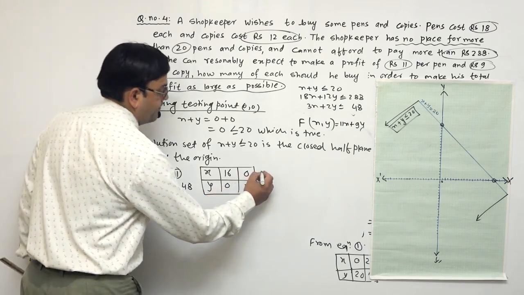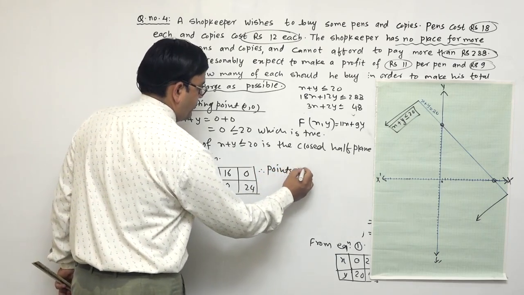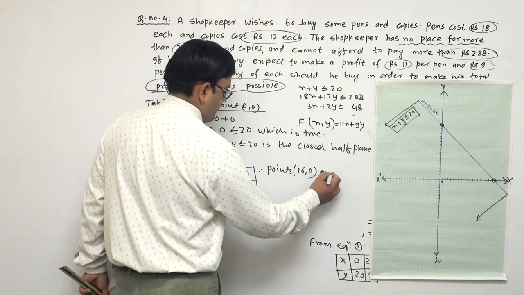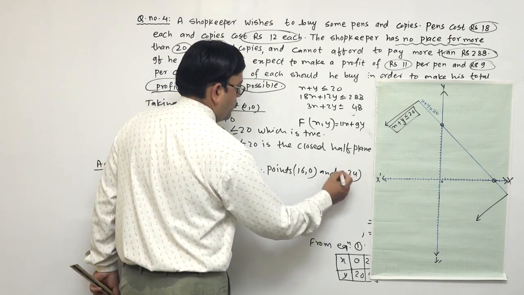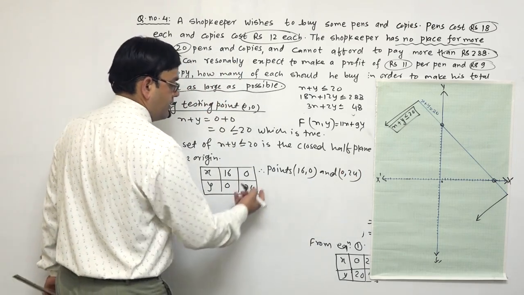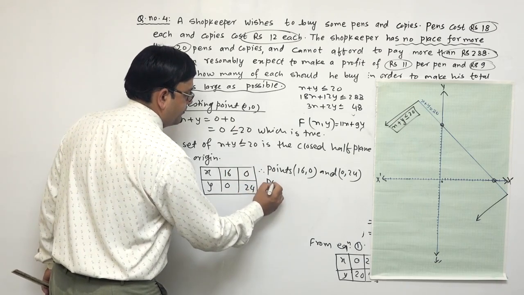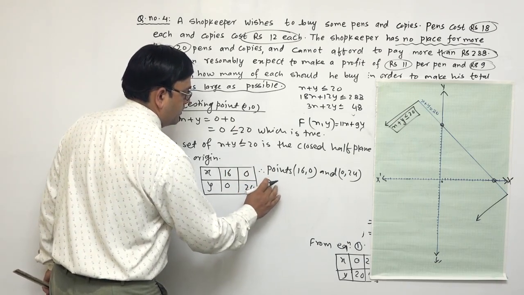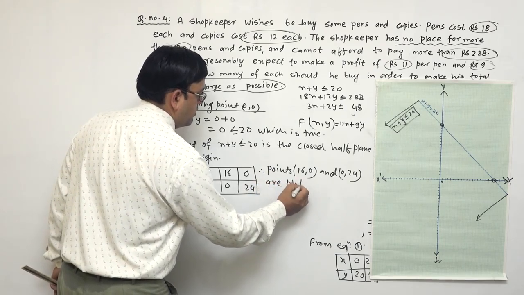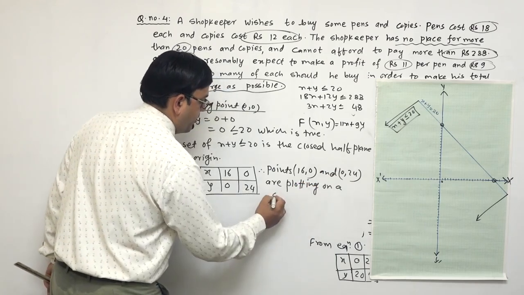Therefore, points 16, 0 and 0, 24 lie on the boundary line of equation second, for plotting on a graph paper.